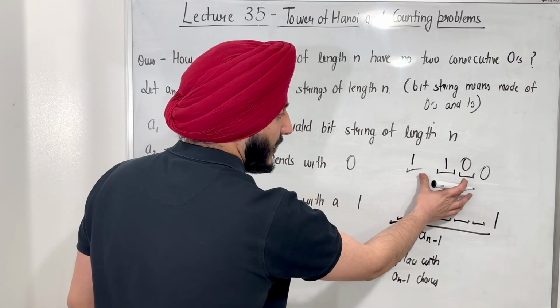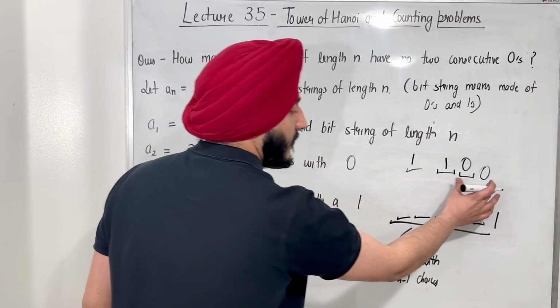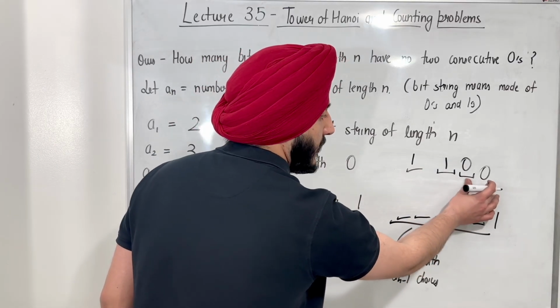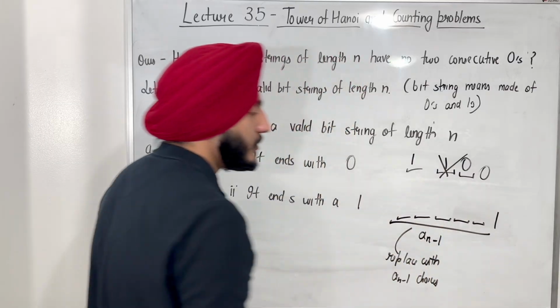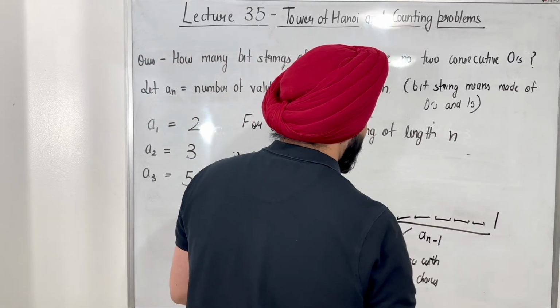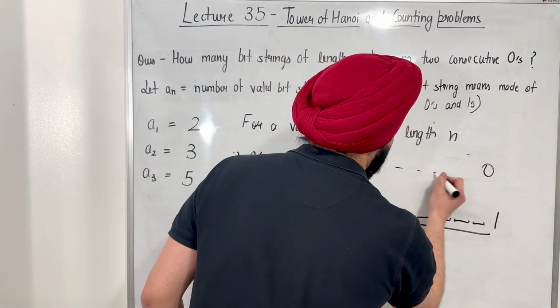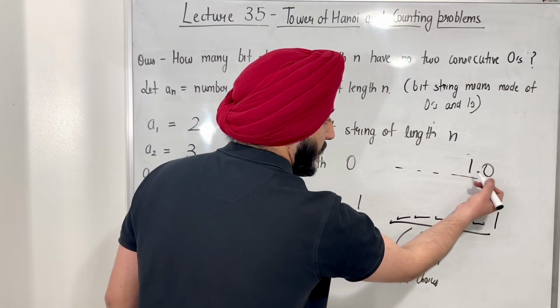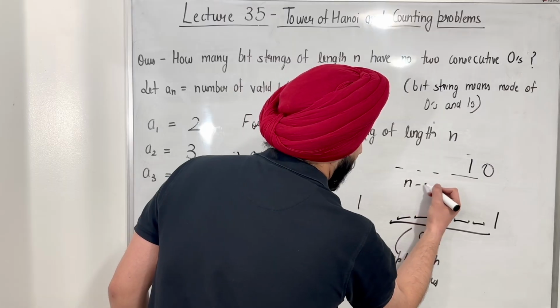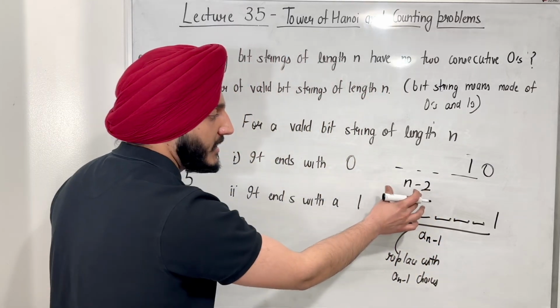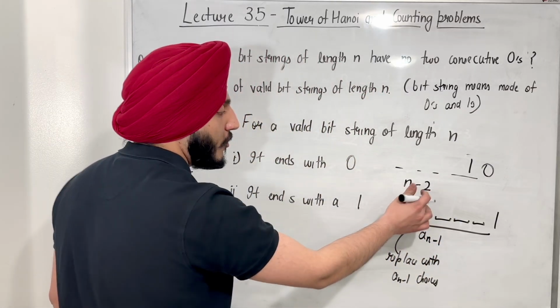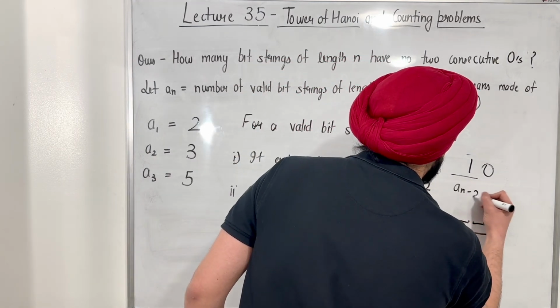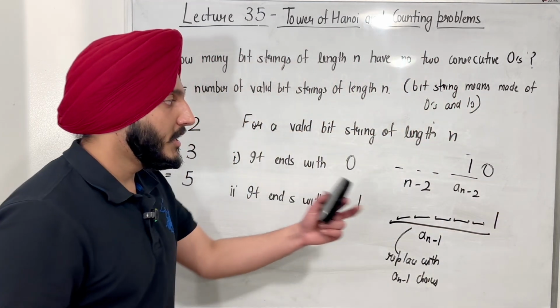Now 110 is a 3-digit valid bit string, but when combined with the final 0, it becomes invalid. So in the case I have 0 as my final bit, I need to first replace the second last with 1. So I would have n minus 2 remaining values, and the count would be a_(n-2). And that would be the final answer.